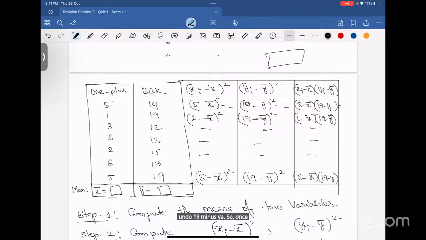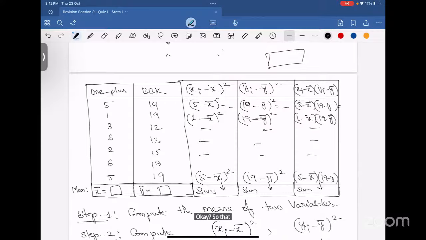So once you have this, then take the sum. Compute the sum of this column. Similarly, sum of this column, sum of this column. Okay.